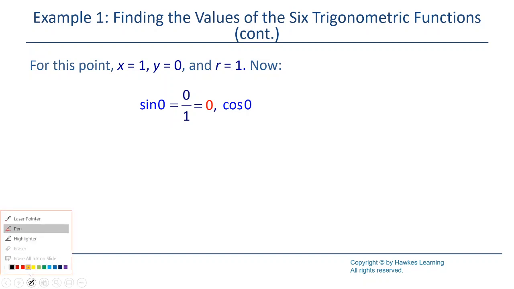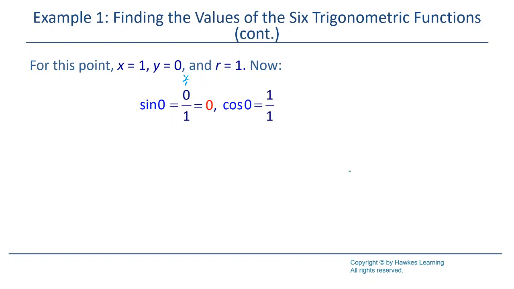So I'll write these over just for reference. So this is y over r. Cosine of 0 is x over r. So we have x divided by r, which is just 1 over 1. Or put more simply, it's just 1.